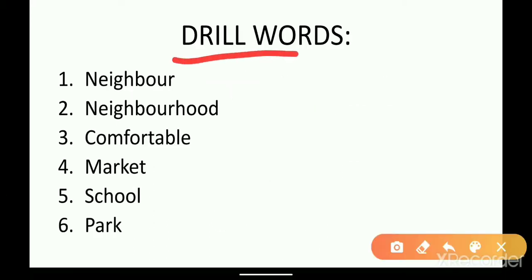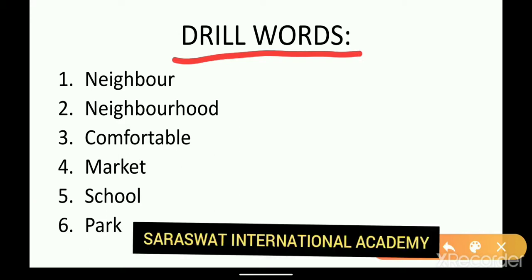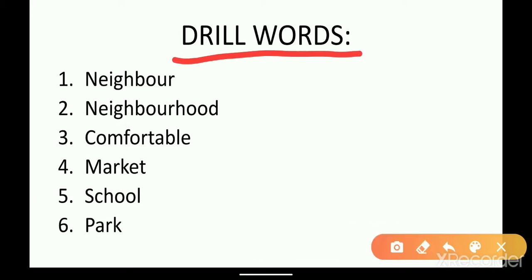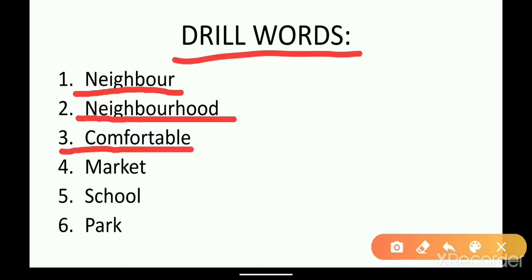Drill words. So these all drill words you have to write in your notebook 3 times each. Neighbour, neighbor. Second, neighbourhood, neighborhood. Third, comfortable.